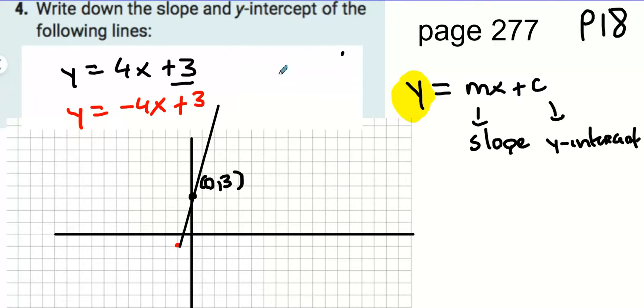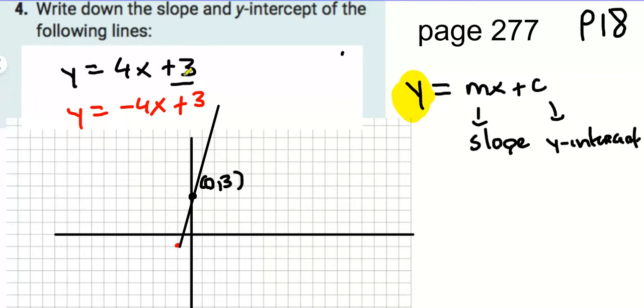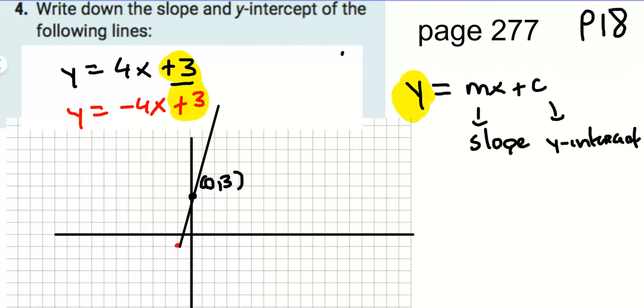What's the y-intercept? Why is it the same? I didn't change it, did I? It still goes through the point 0, 3, doesn't it?